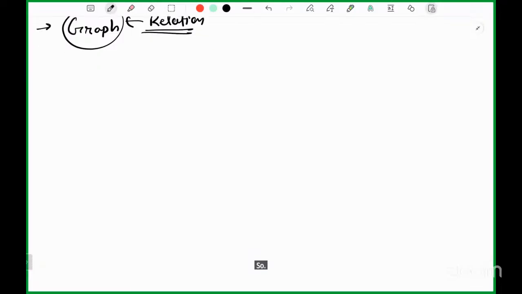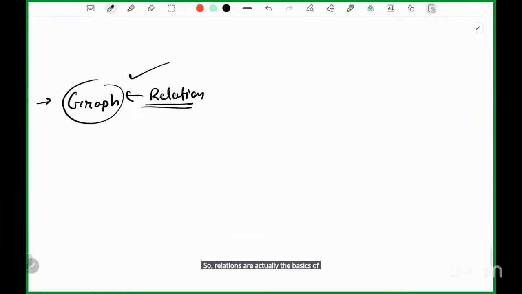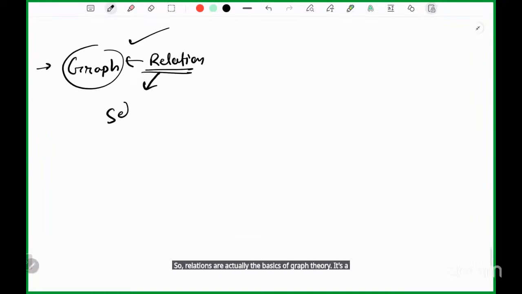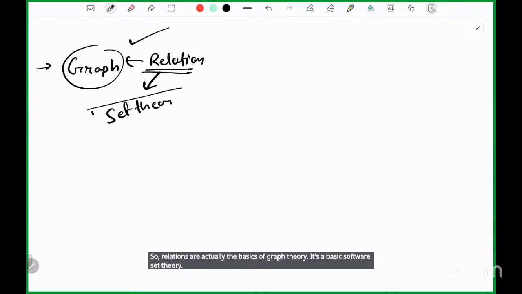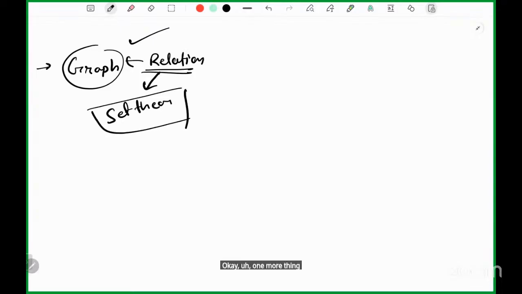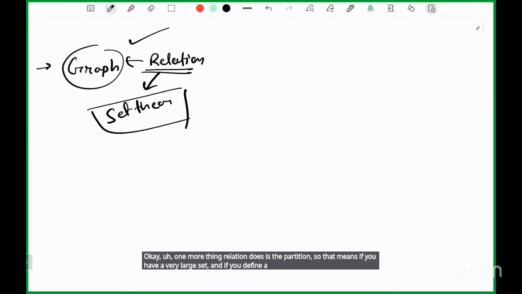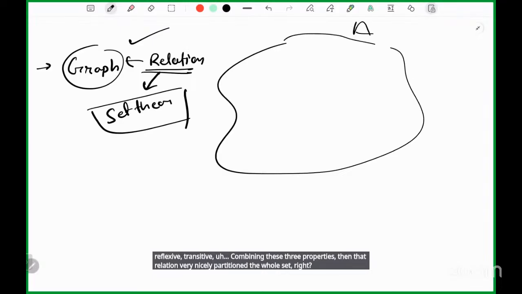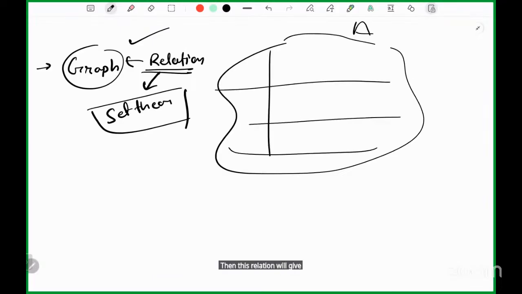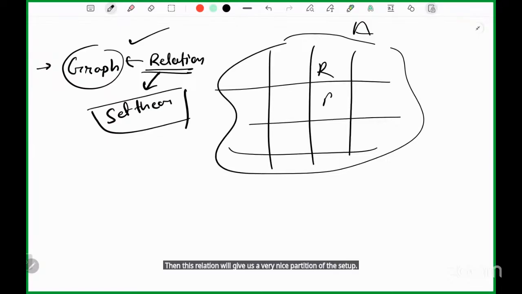Relations are actually the basics of graph theory and set theory. One more thing relations do is partition. If you have a very large set and you define a relation which is reflexive, symmetric and transitive, combining these three properties, then that relation very nicely partitions the whole set. So suppose this is a set A, then this relation will give us a very nice partition of the set. So that's why relations are the basics of all stuff.